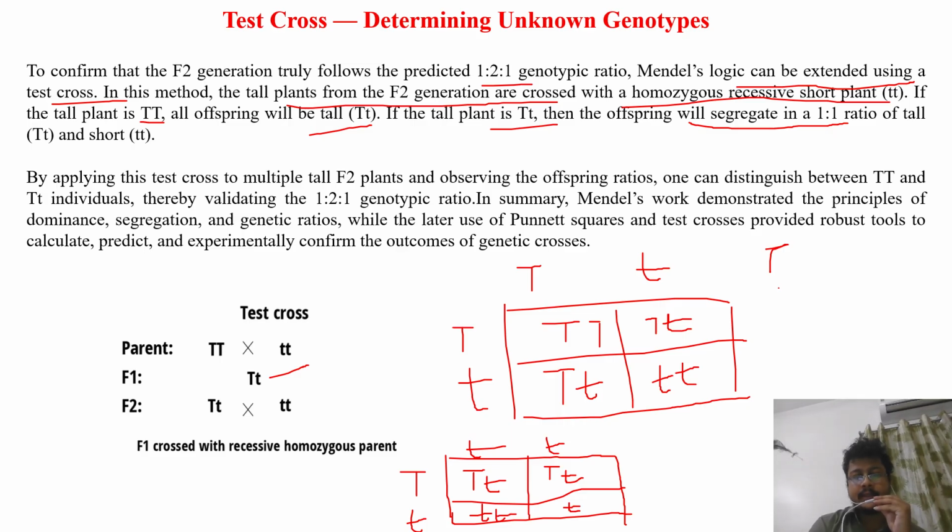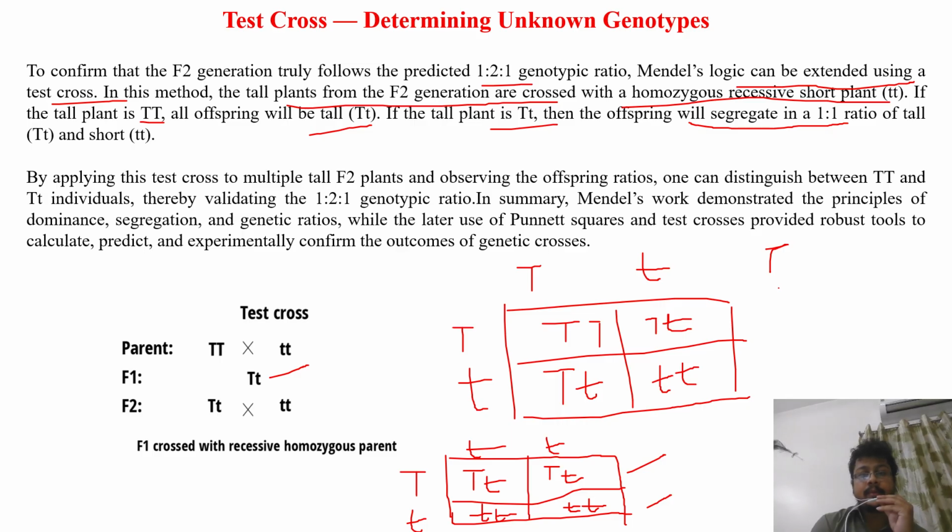So here we can see we get two heterozygous dominant and two homozygous recessive, small t small t. So the ratio will be 1:1 of tall to short plants. But if we cross it with the homozygous dominant, then all plants will be tall.